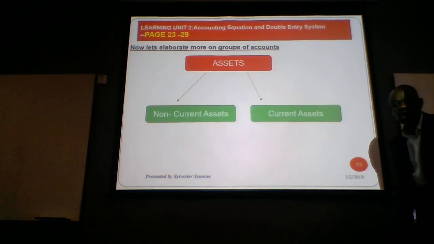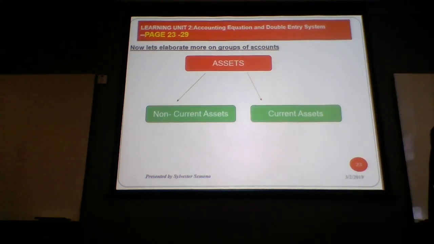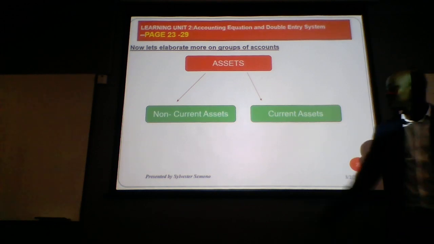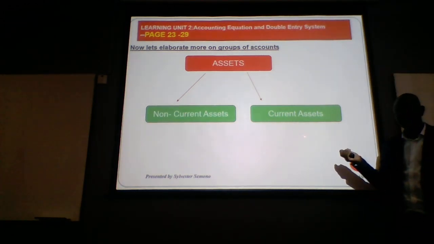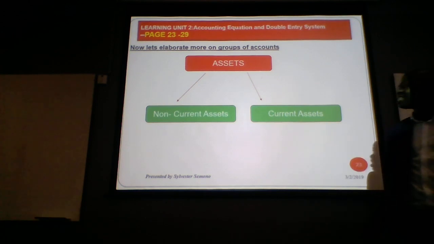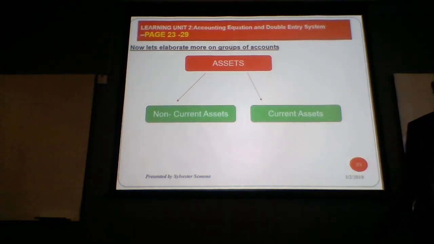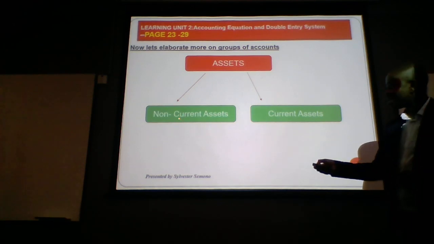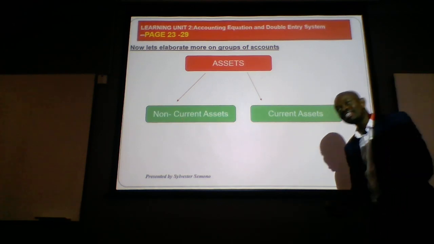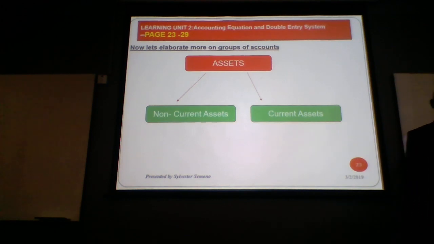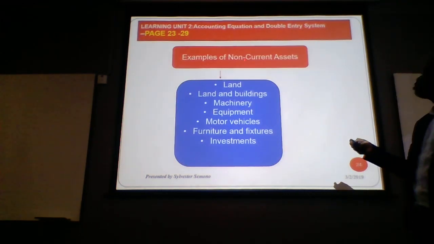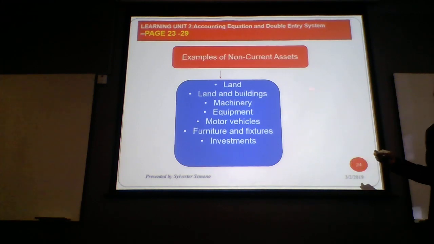Like I said before, the assets have been divided into 2, namely non-current assets and current assets. By the way, what did I say is the meaning of non-current assets? Long term, and then current means short.